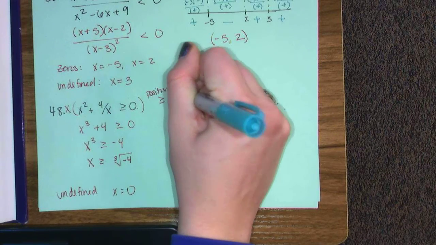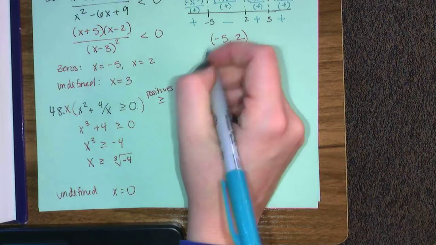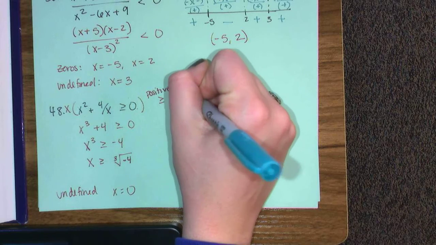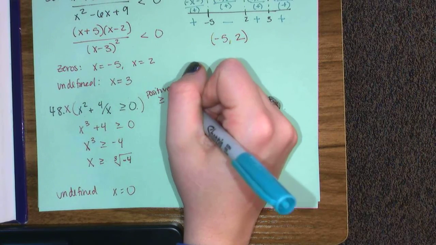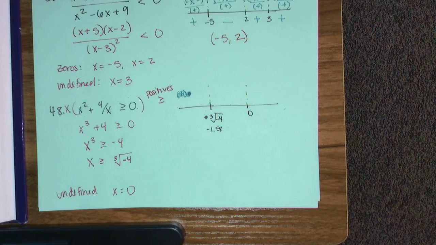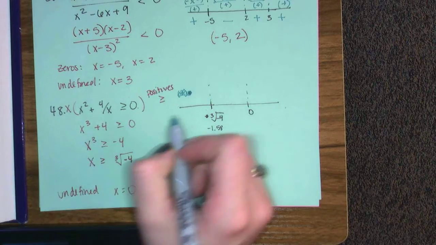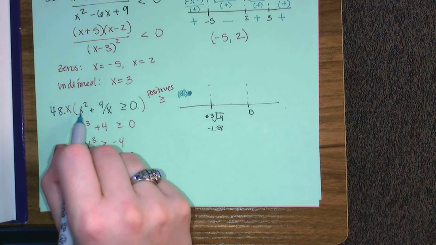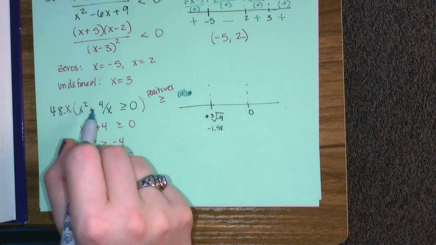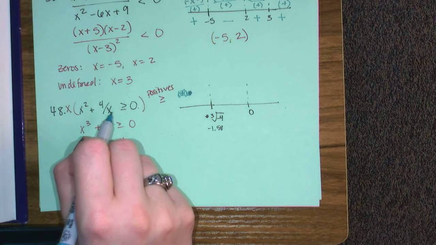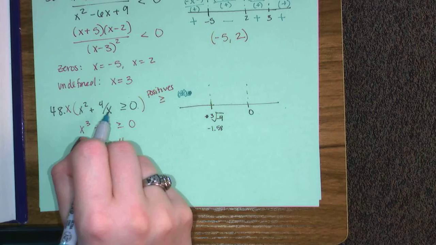So it'd be a positive. So if you were to do -2, -2 squared would be 4, and then 4 divided by -2 is -2, so 4 minus 2, so it would be positive.